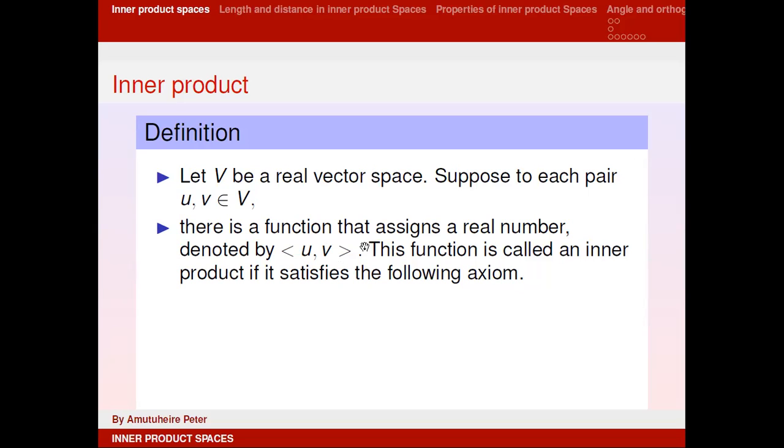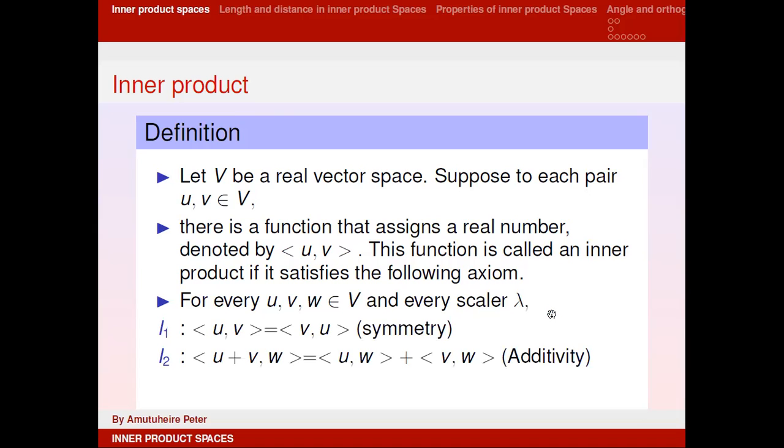So if this function satisfies the following axioms, for every u, v, w vectors in V and for every scalar lambda, then: we are going to label the axioms I1 and so on. The capital I stands for inner product space.